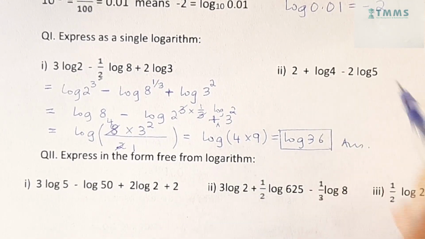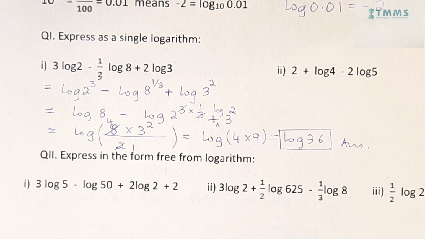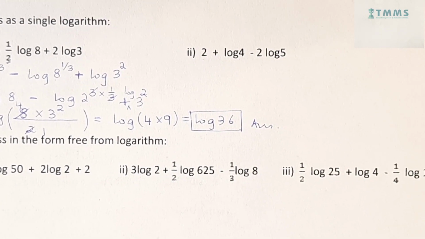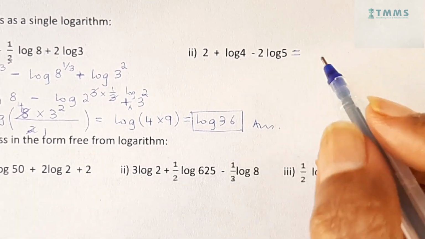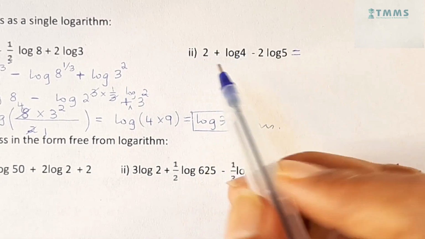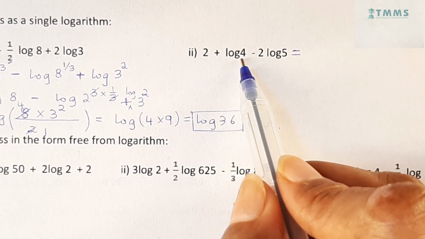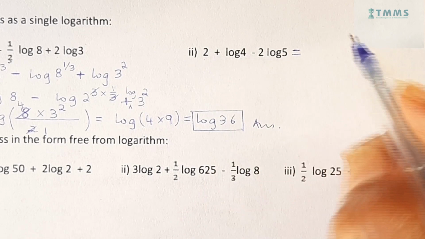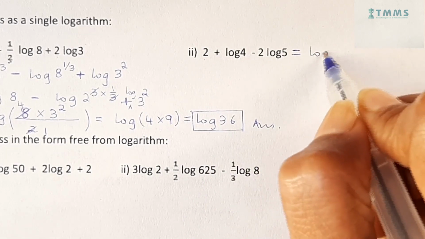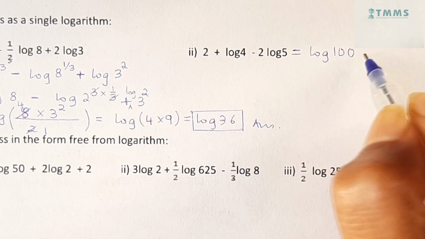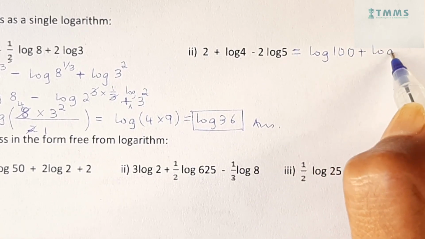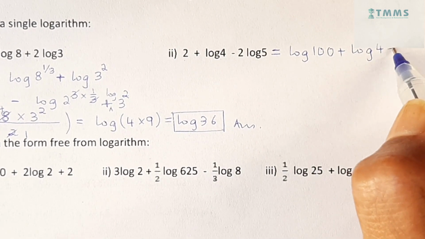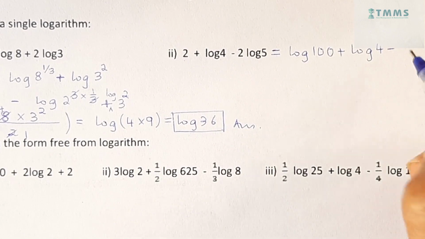Now let us come to the second one. This also we have to express as a common logarithm. So now let us see how we write this. As we saw earlier, if it is only 2 and there are no bases written, these are all common logarithms. And so if we see 2, we will write it as log of 100 plus log of 4 minus, now this is 2 log 5, what will it become?